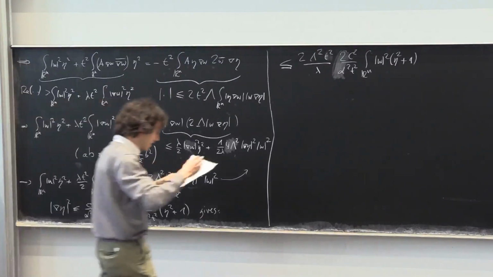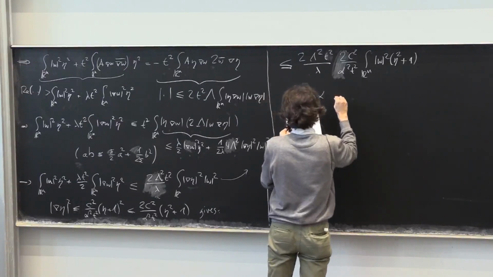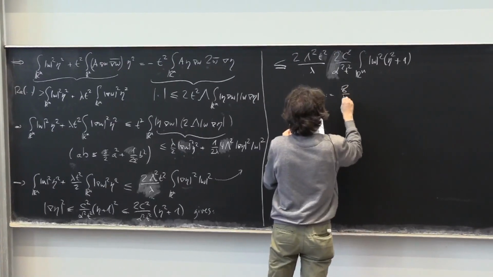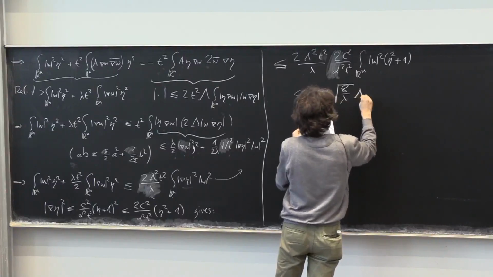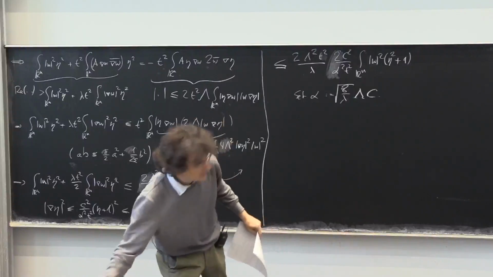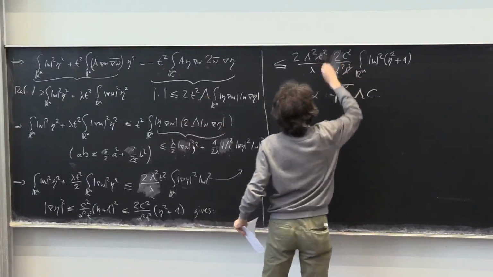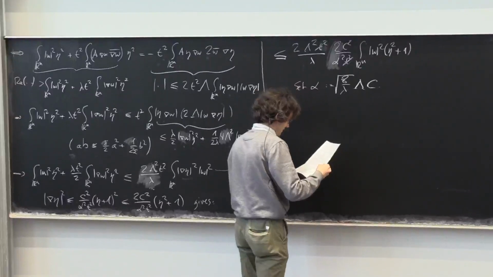And this is now just calculating what you have to do. So the right thing is to take your alpha to be 8 over lambda, square root, times lambda times c. If you do this, the t squared already cancels here. And if you do this, you will find that this gives you exactly 1/2.